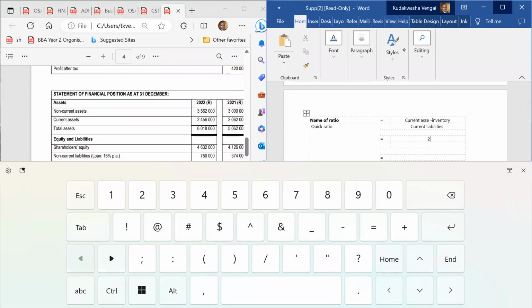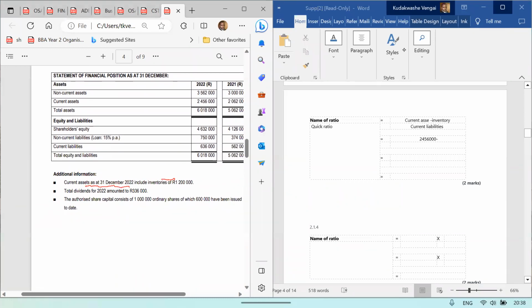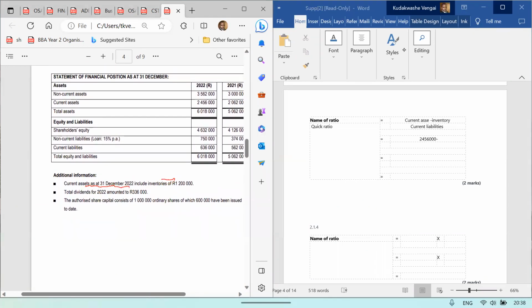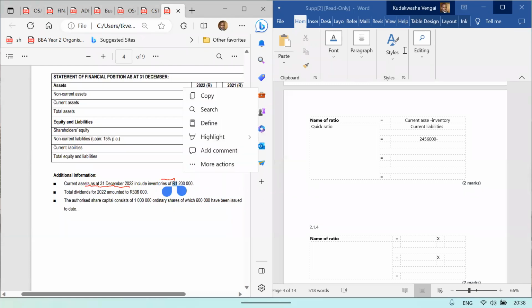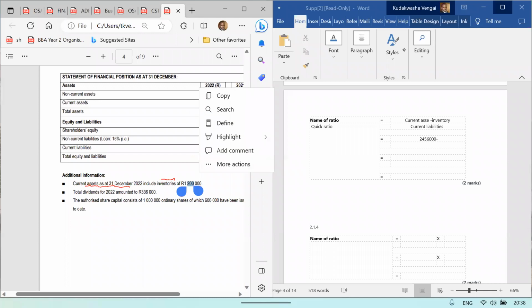2,456,000 minus your inventory figure. Where is inventory? Of the current assets over here, you've got 1.2, which is the inventories.